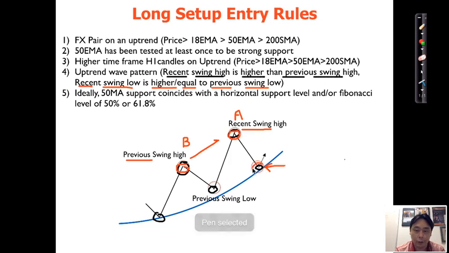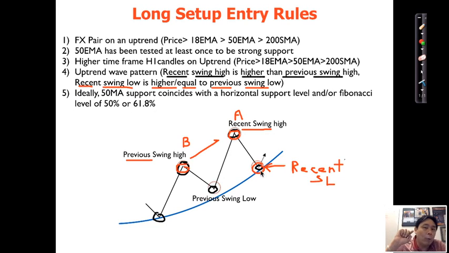This is the recent swing low. The recent swing low is the point that we enter, that we buy. And I always ensure that the recent swing low is higher than the previous swing low. So which is the previous swing low? This is the one, the low before this low.